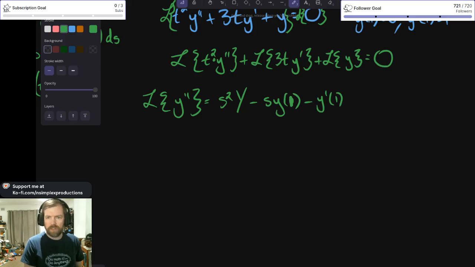Two derivatives of what, though? Because that's just going to be 2. Oh, but this is Y of s. As in product rule?